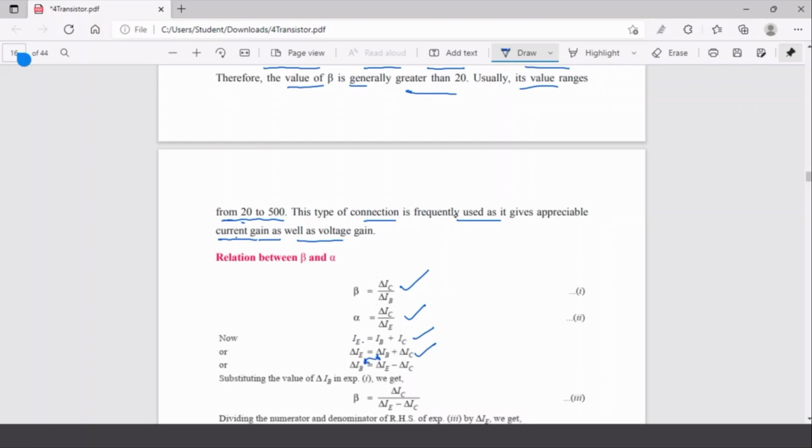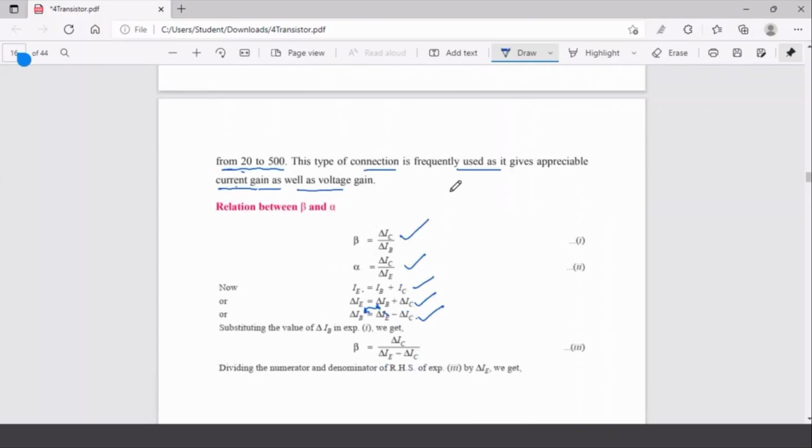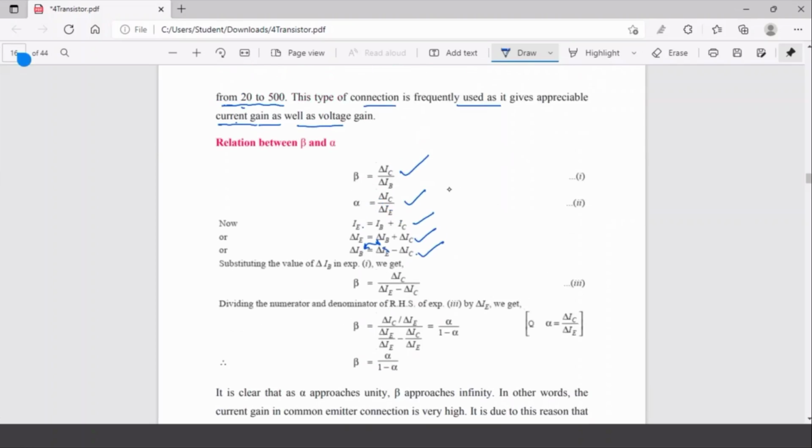Delta IB can be written as delta IE minus delta IC. Beta is delta IC divided by delta IB, so this can be substituted here. You get beta as delta IC divided by delta IE minus delta IC. Now if we divide the numerator and denominator by delta IE, what do we get on the numerator?